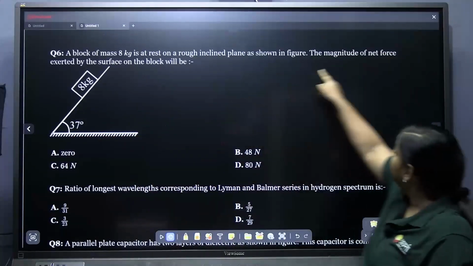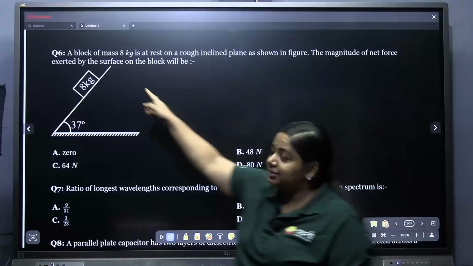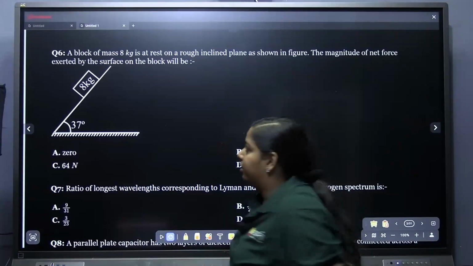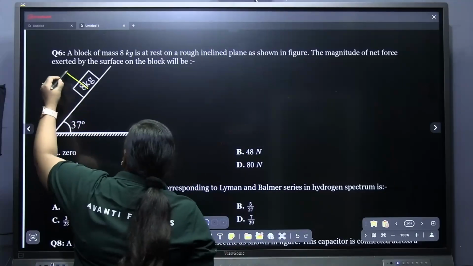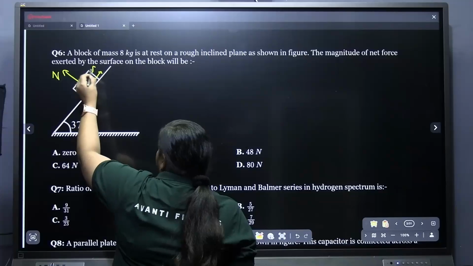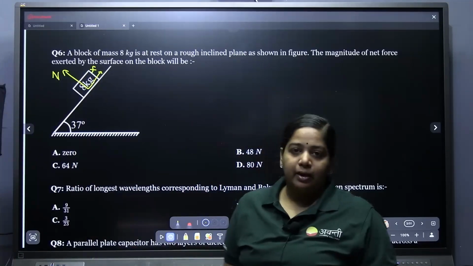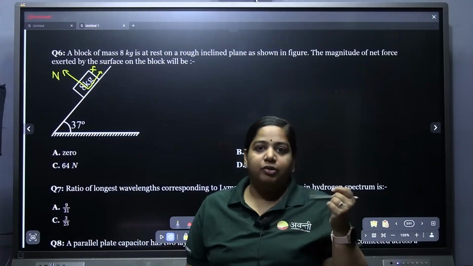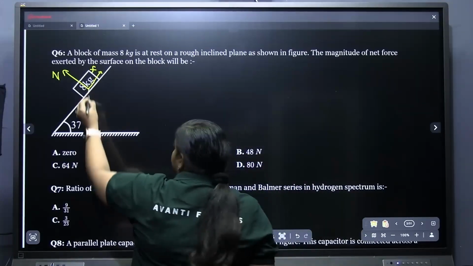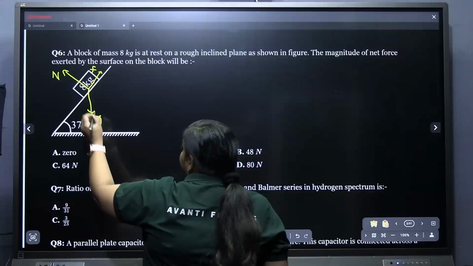But they are asking the net force exerted by the surface on the block. So the surface is exerting two forces on it. One is the normal force N, another is the frictional force F. The other external force acting on it is mg.